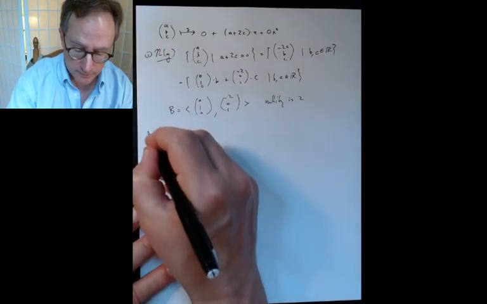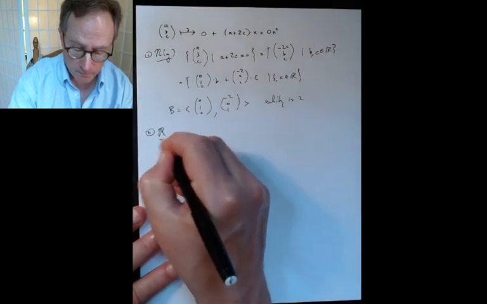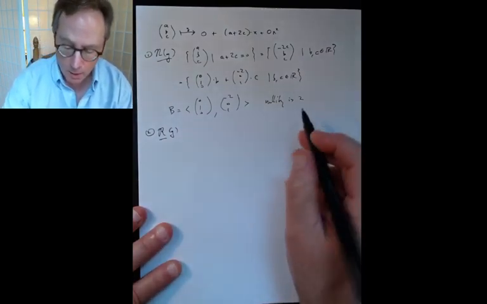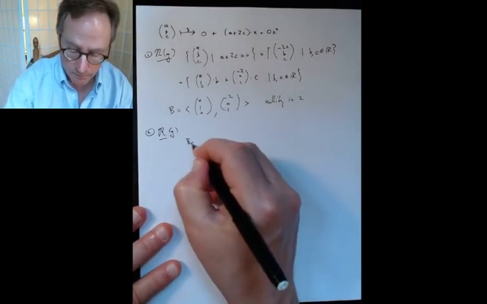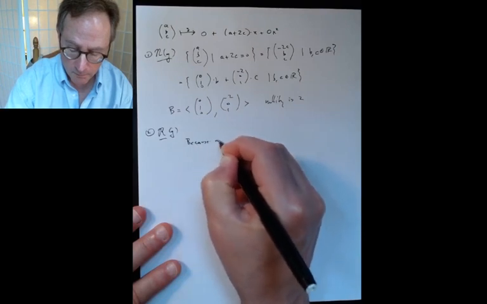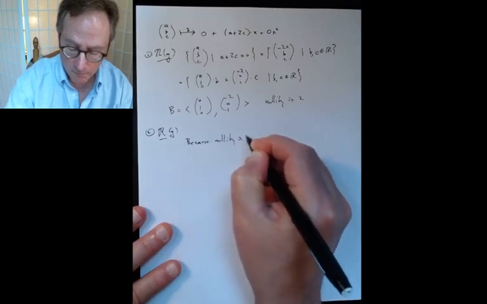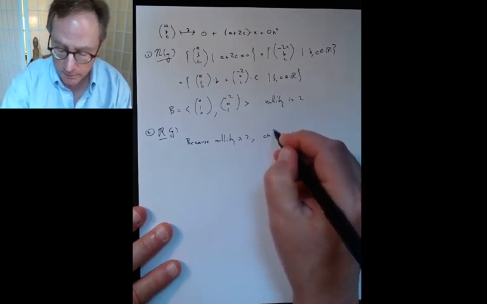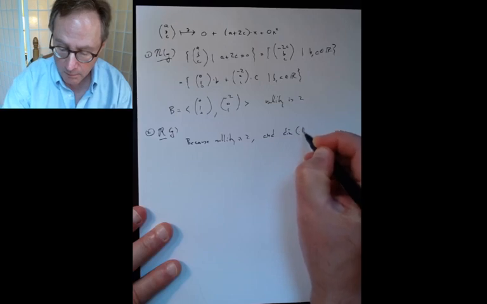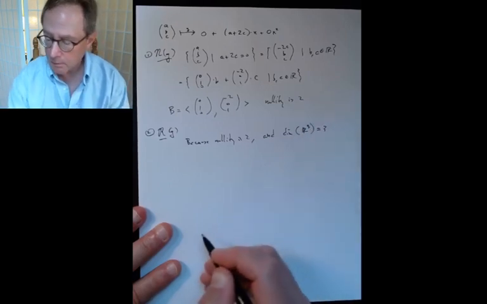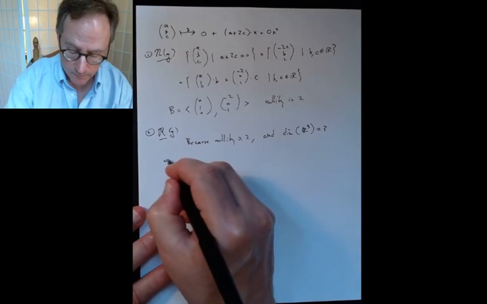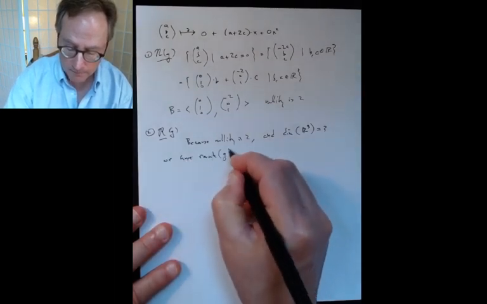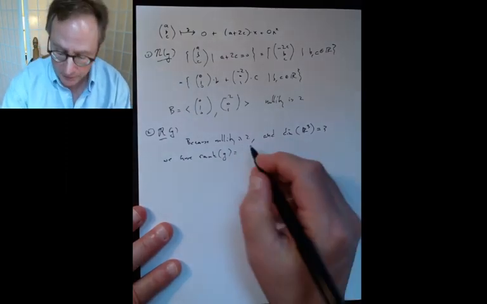What about the range space? Oh, range space of G. Sorry, I forgot to write the G. Now, because the nullity is 2, and the dimension of the domain is 3, we have that the rank of the map must be, 3 minus 2, it's a 1.